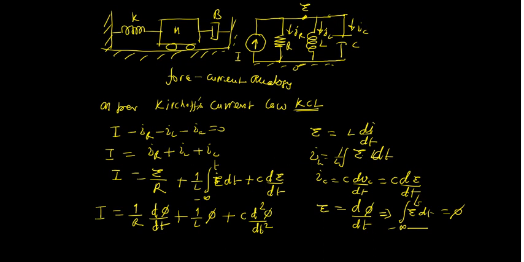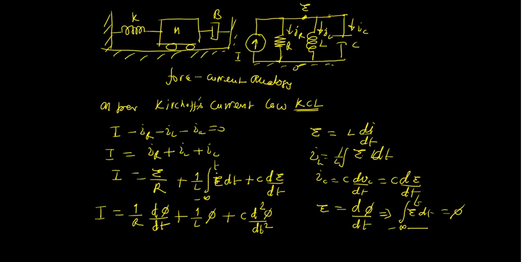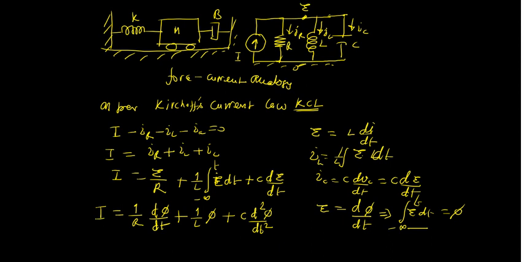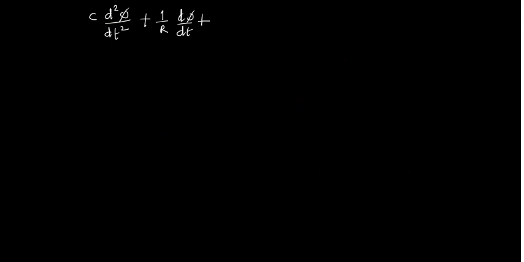Then we can write it as C d2 phi over dt square plus 1 by R d phi over dt plus 1 by L phi is equal to I. This is our equation 3.